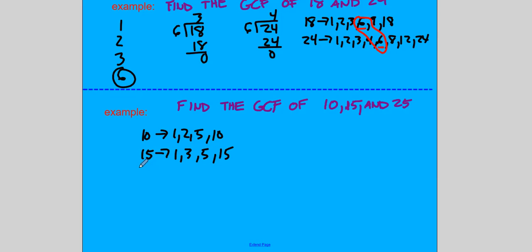And the factors of 25 are 1, 5, and 25. So you see the largest number they have in common as a factor is 5, and that's the greatest common factor. Okay, so the GCF, or greatest common factor, is 5.